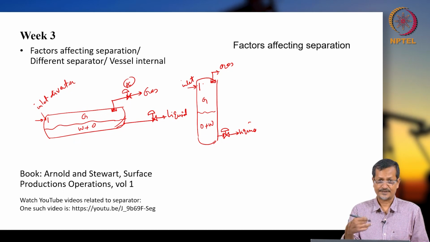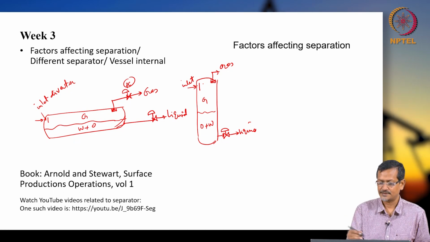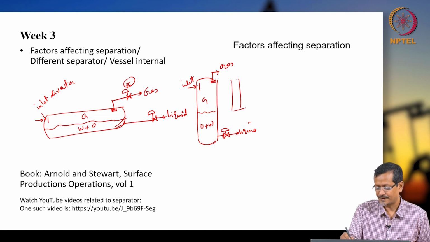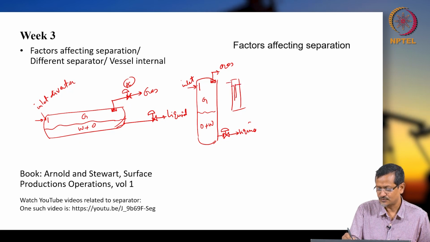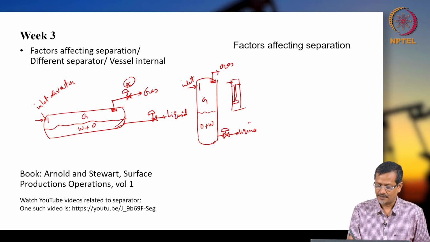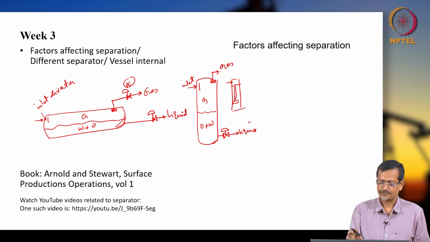In many cases there will be a downcomer. Downcomer means, in a vertical separator, one mechanism like this, so although fluid is entering here, the fluid will be spread here only. So there will be a spreader and downcomer, which we will discuss in detail later. Now this is the simplest form of vertical separator.